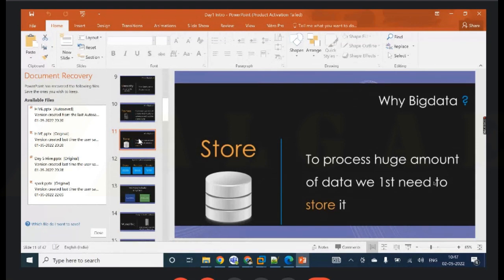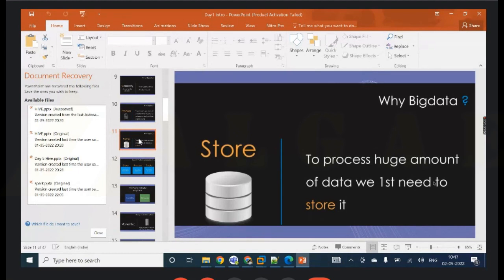See, to process any huge amount, first you need to store it, right? So first we will store it, then only we will process, right? For storage, we need one place. So storage in big data, we have HDFS. Just now we have seen, right? With the help of the put command, we upload our file to HDFS. So for storage, we have HDFS.